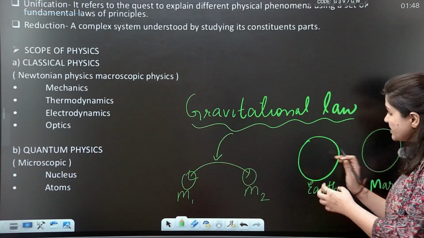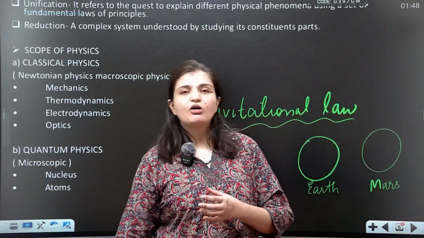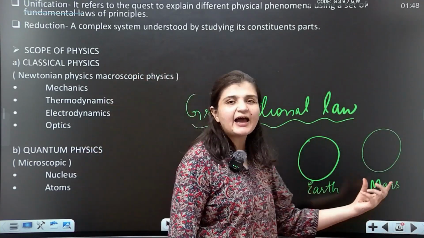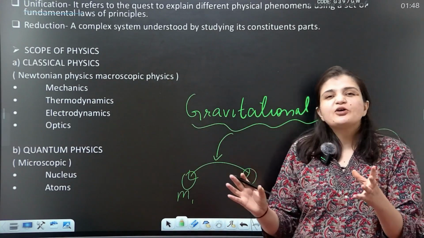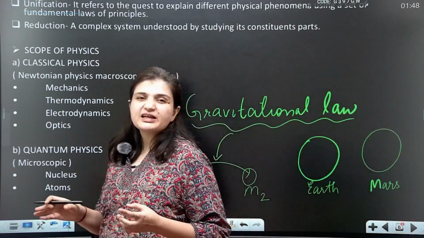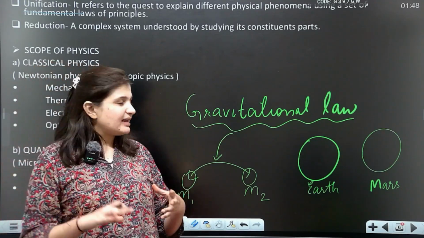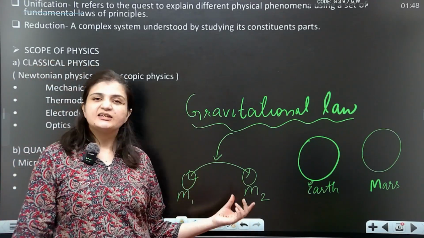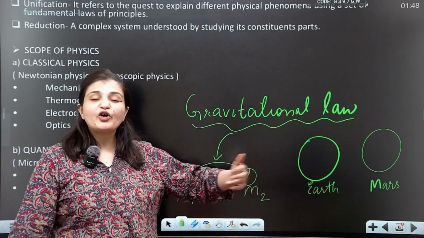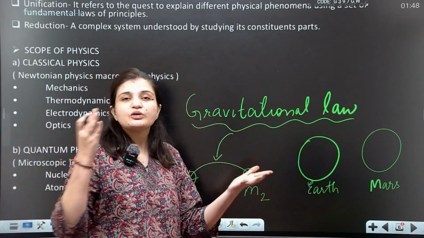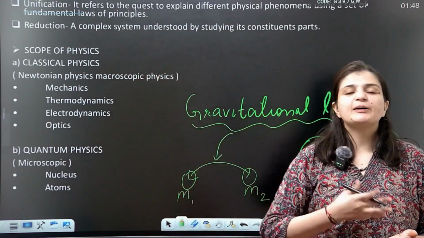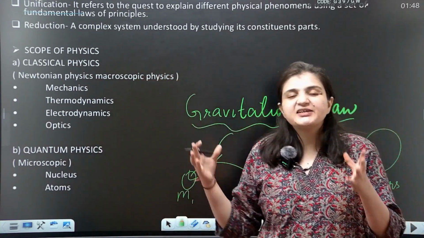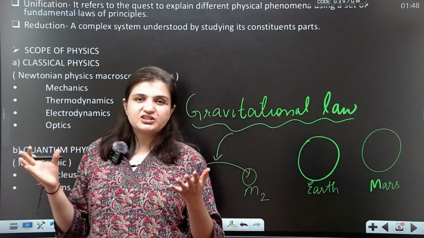The gravitational law will also act between Earth and Mars. It is not valid only for small masses; it is valid for larger masses also, for planetary motion, like how the forces act between the planets. We solve various concepts using the gravitational law.